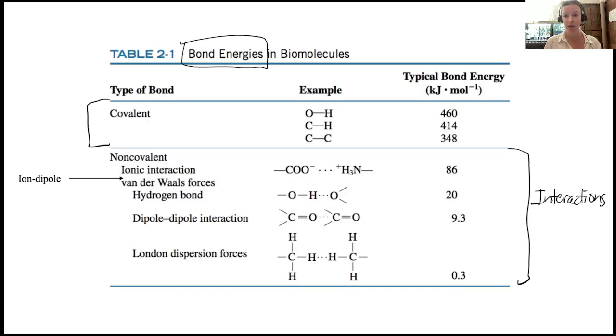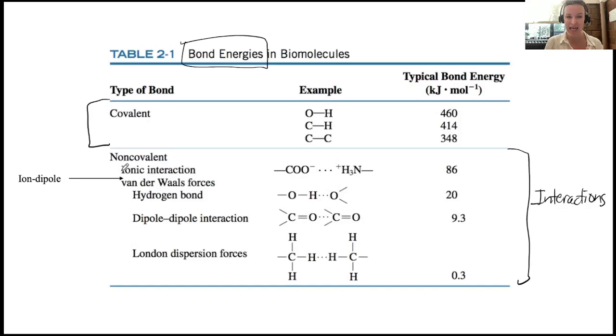And so here is where I like to walk you through the types of interactions we need to be comfortable with in this class. The strongest type of non-covalent interaction is the ionic interaction. So a full negative and a full positive are pretty strong, about 86 kilojoules per mole for that type of interaction. Now, this table doesn't have ion dipole, but I'll talk about ion dipole in this class a little bit.